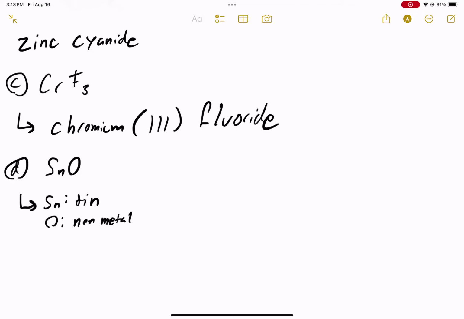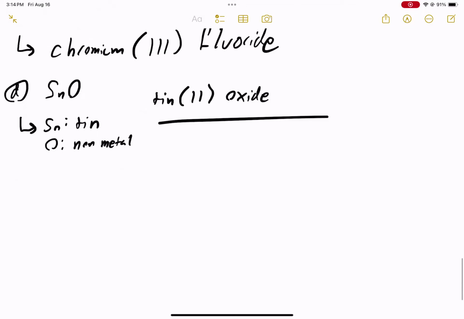So because of that, this is an ionic compound. This becomes tin, and we need to specify the charge because it is another transition metal, tin(II) oxide, 2 representing the +2 charge. And those +2 charges gave up their electrons to satisfy the 2 electrons that oxygen needs to be happy.